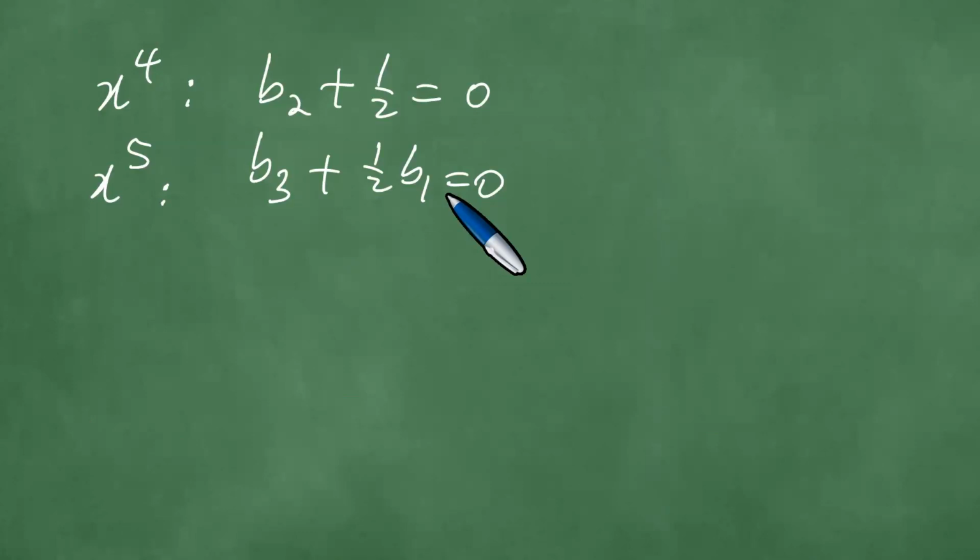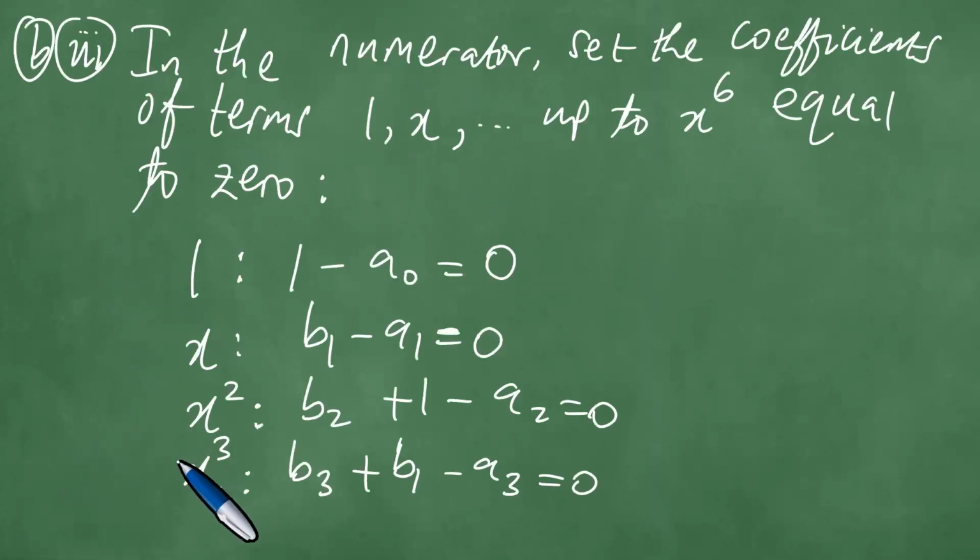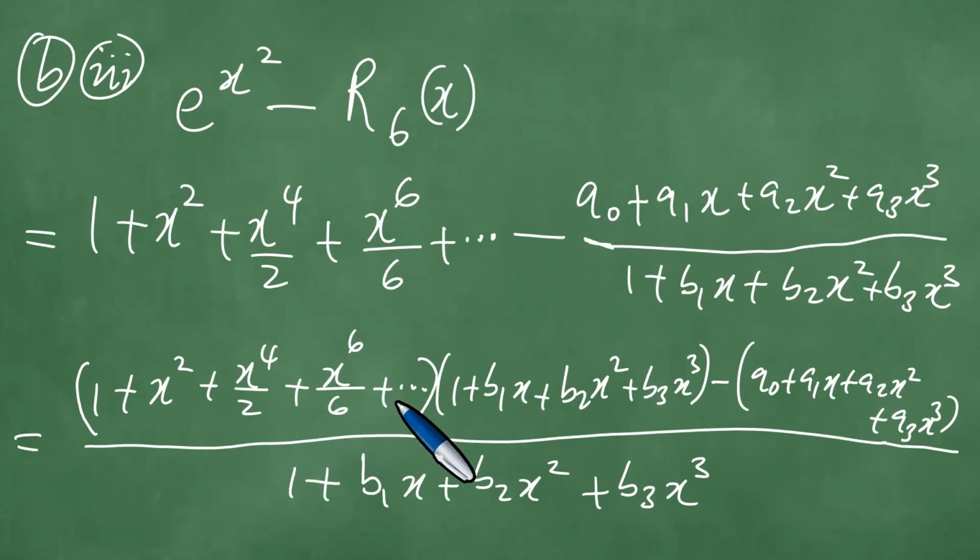Then let's look at x to the sixth power. X to the sixth power is going to produce what, for example? Let's check. X to the sixth power is going to be this one, 1 by this, which is x to the sixth power.